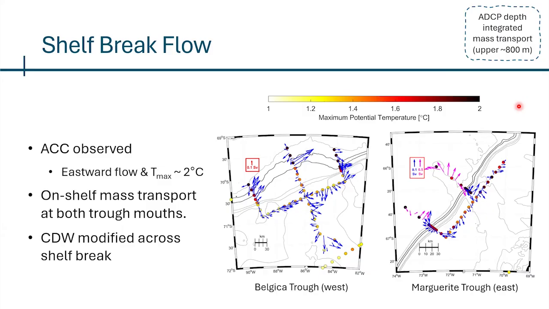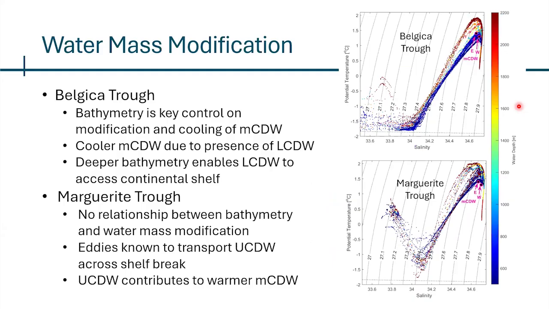And as the water moves across the shelf break and onto the continental shelf, the CDW is cooled and modified as that happens, which we're going to look at now. I've got some TS diagrams here to look at water properties and how they're modified as water crosses the shelf break.